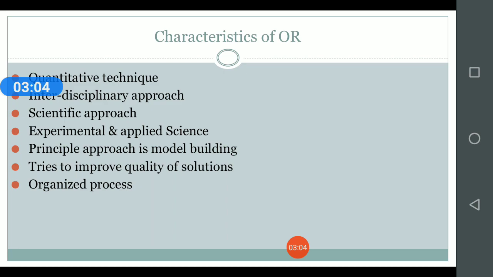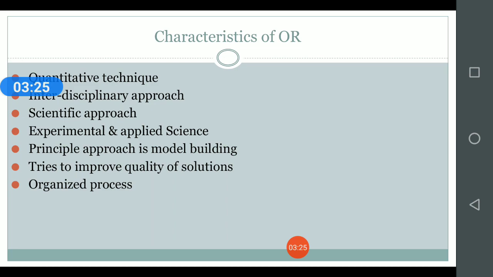The next characteristic of operations research is that it has a scientific approach. That means it looks at the problem from a scientific point of view and tries to resolve business-related problems in a scientific manner.